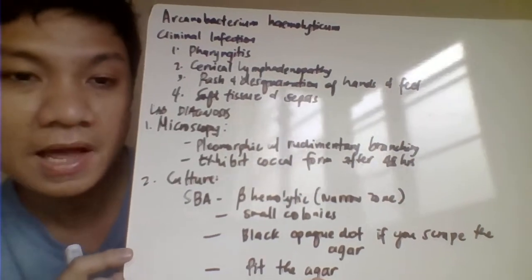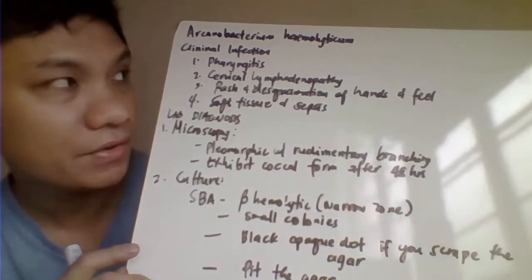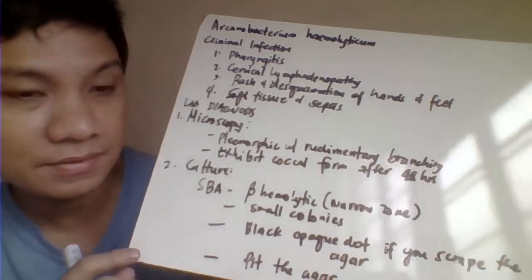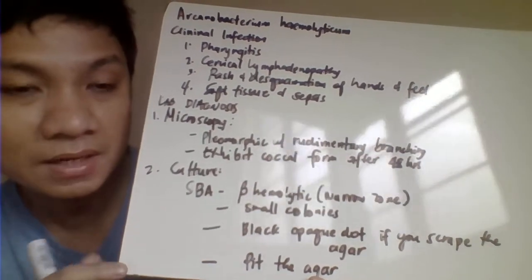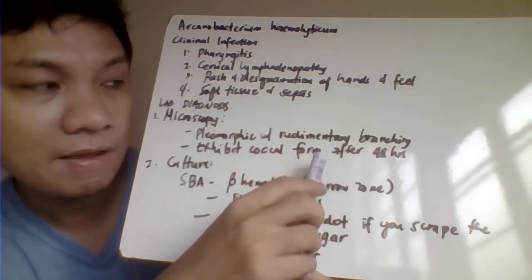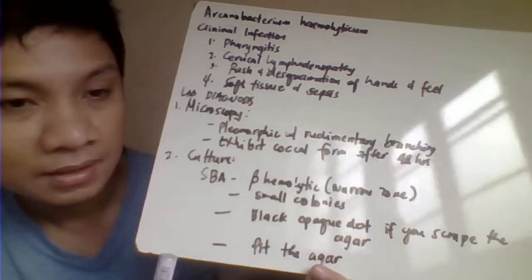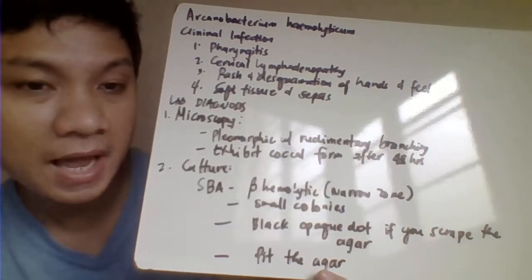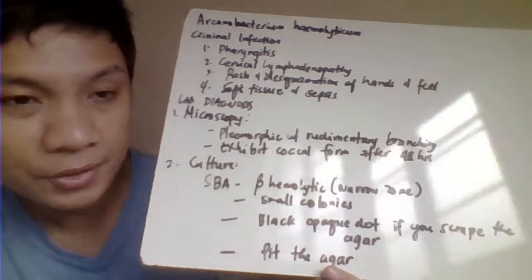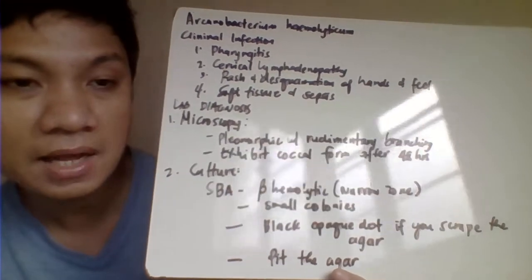Okay, then we have the lab results. The Gram stain results of Arcanobacterium hemolyticum appear to be pleomorphic, so again it assumes different shapes. But the most striking morphology of this is the rudimentary branching form. It also appears as cocci, more of the cocci after 48 hours incubation. Cultures are able to grow on SBA.